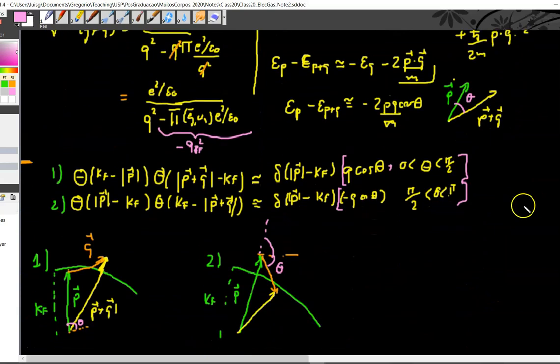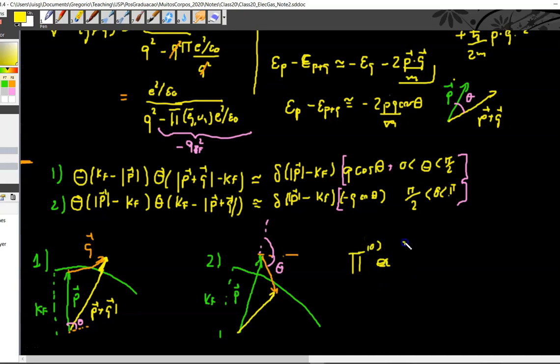Now that integral will have, apart from the angular part and whatnot, the integral in cosine of theta still there.